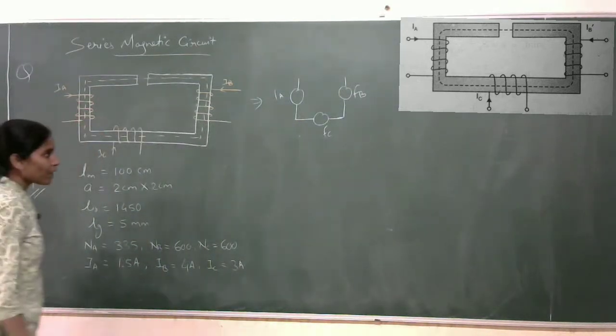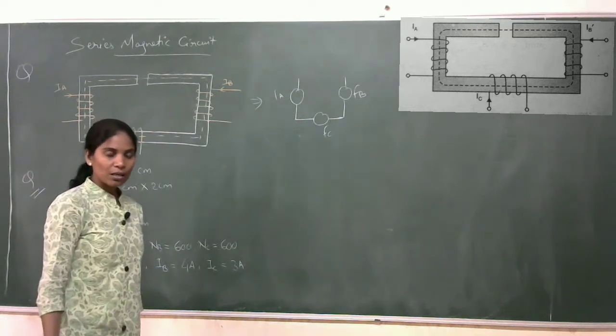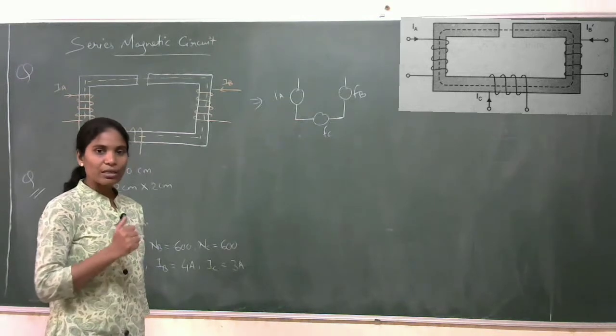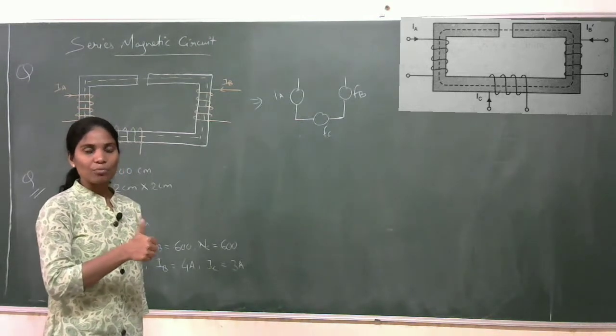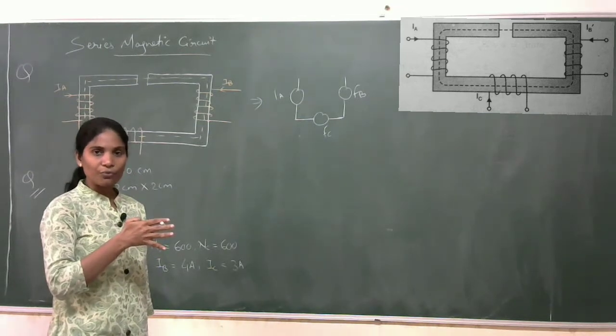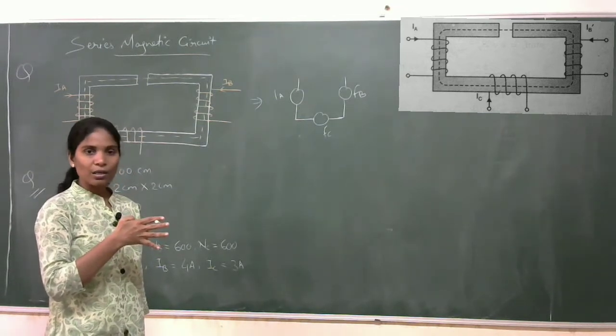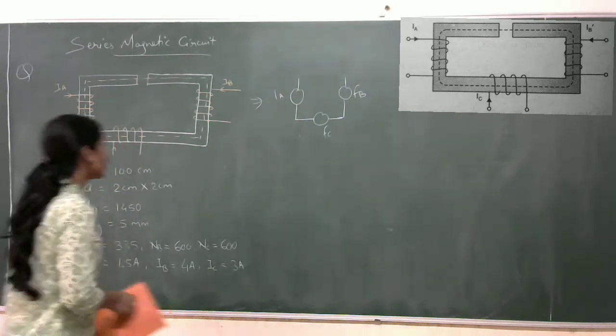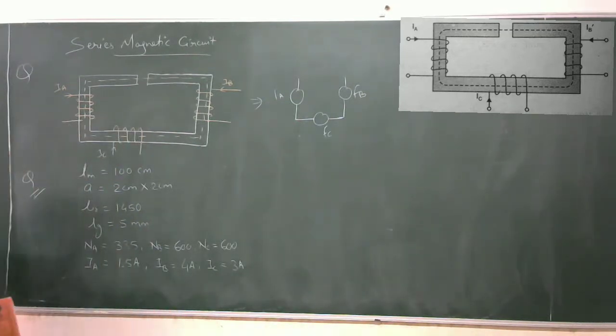Okay, so we have seen in the previous lecture how to check the direction of this magnetic field. So that can be done by the thumb rule. Okay, Ampere's law gives the thumb rule: if the current direction is given by the finger direction, then the direction of magnetic field will be given by the thumb direction. Right? So here, suppose this is the given coil on which I have to work. Right?